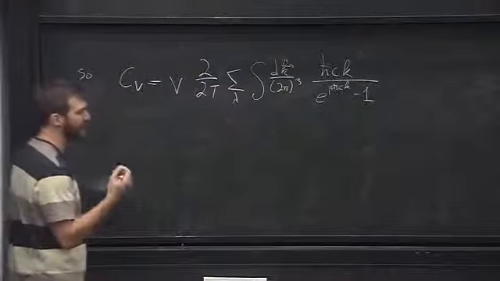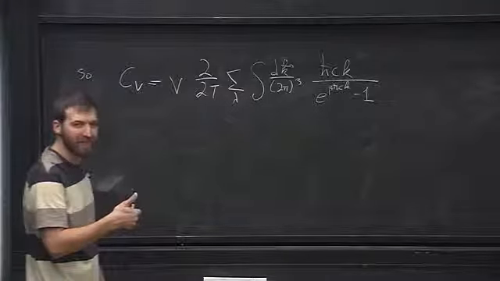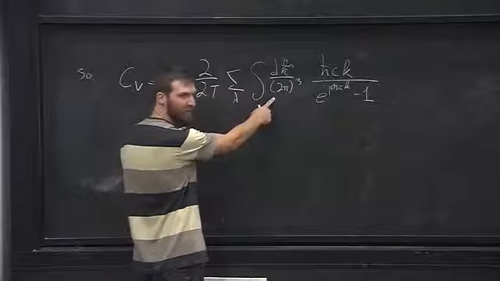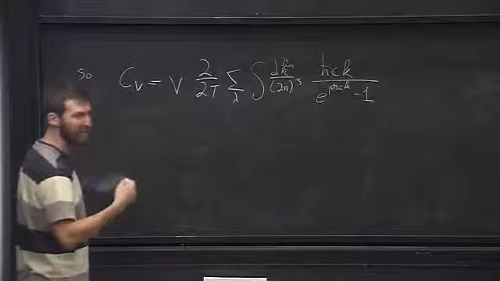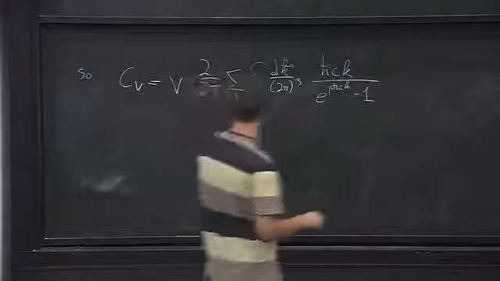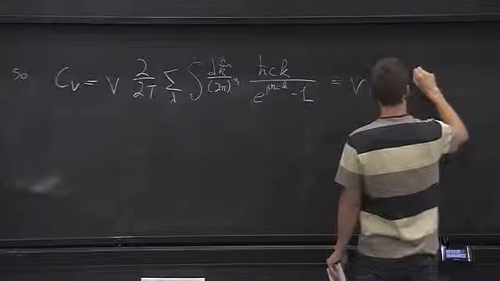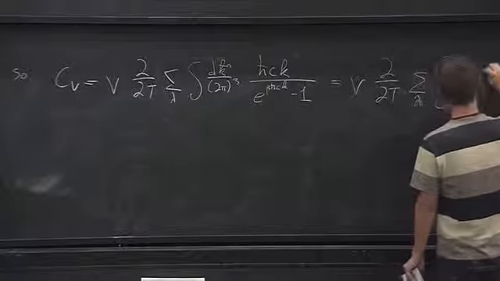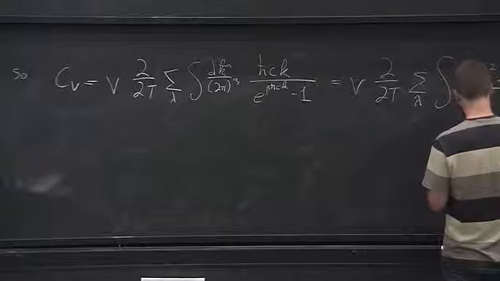But that k is just like the r vector. So in spherical polar coordinates in k-space, I should convert this integral to just an integral over k, the magnitude of k, not the angular dependence. So let's take that angular dependence out. And it's 4π k, remember? dk, no, k squared. Yeah, that's important.